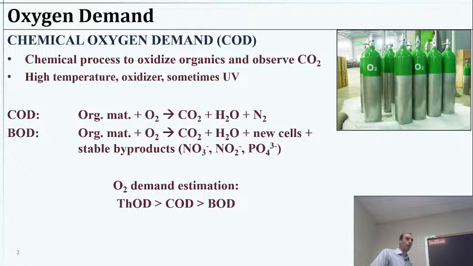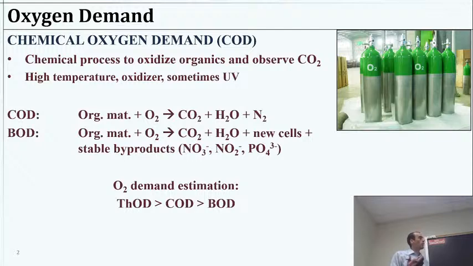So if we look at the chemical oxygen demand, this is actually us taking a combustion type approach. Take our sample and run it through a system that should combust everything into CO2, and do what we can to just do oxidation.